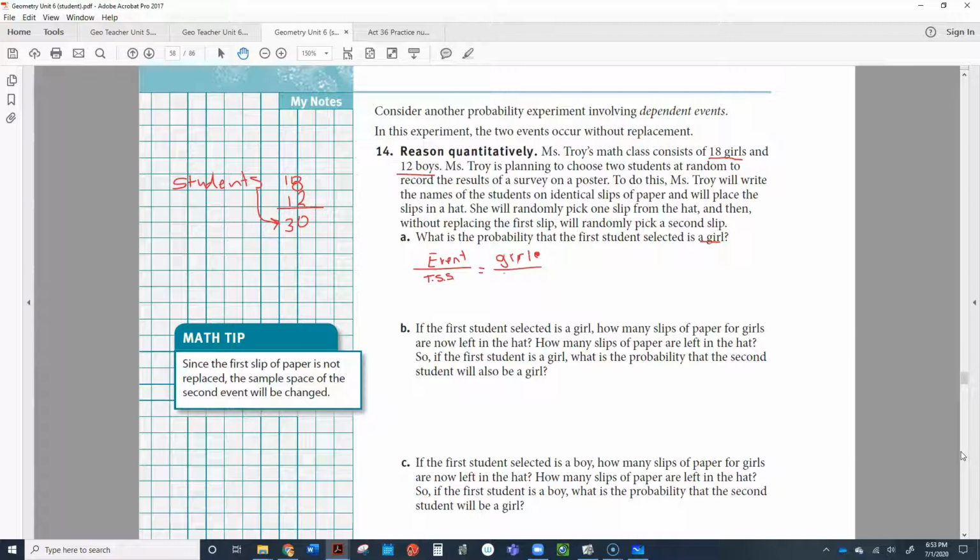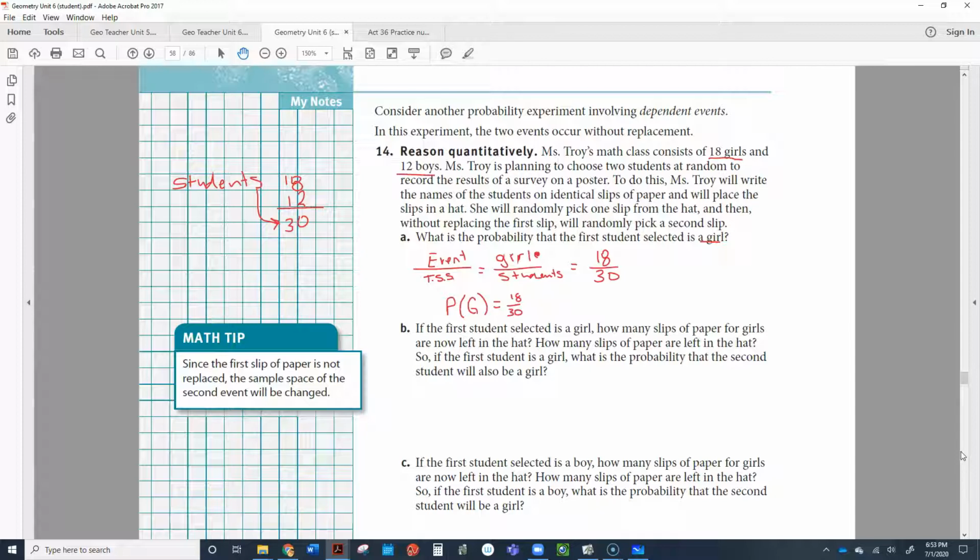And the total sample space would be the total number of students. So how many girls are there to pick from? 18 out of a total of 30 students. So the probability of picking a girl is 18 out of 30.